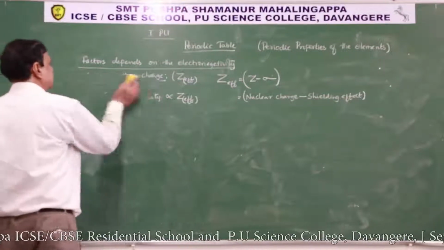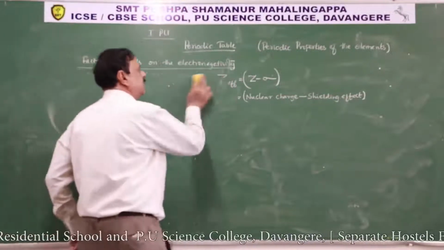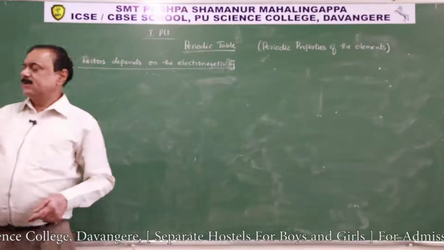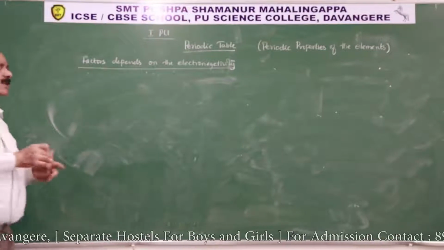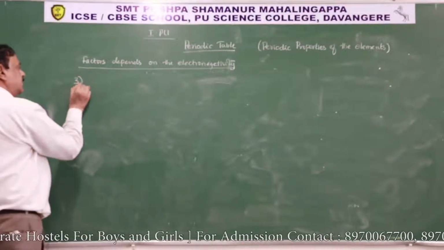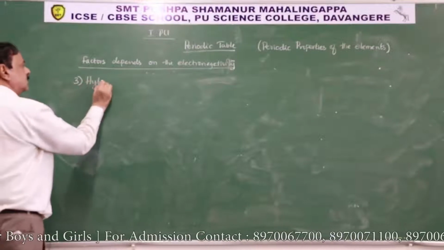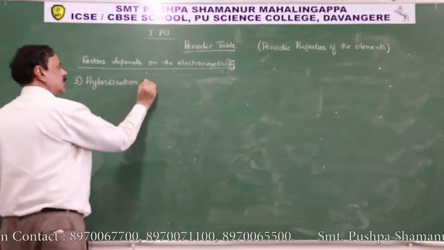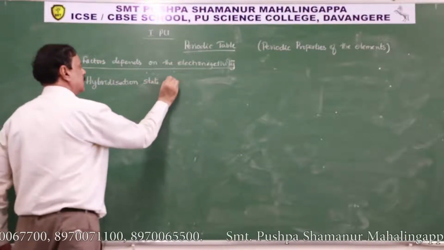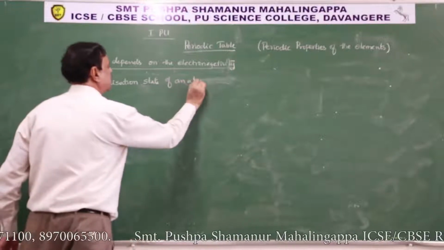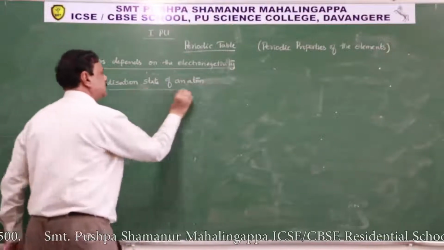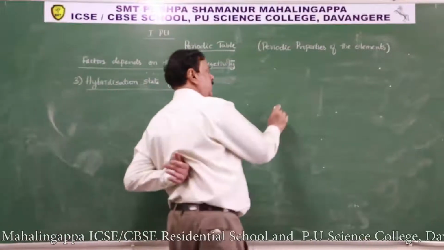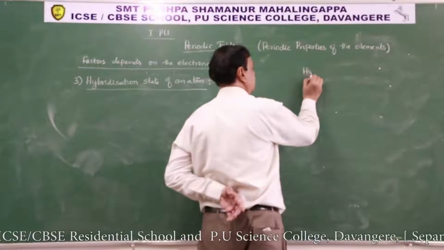Now the next one is electronegativity based upon hybridization. This is a new concept: the hybridization state of an atom. In the hybridization state of an atom, you know about the hydrocarbons, especially.